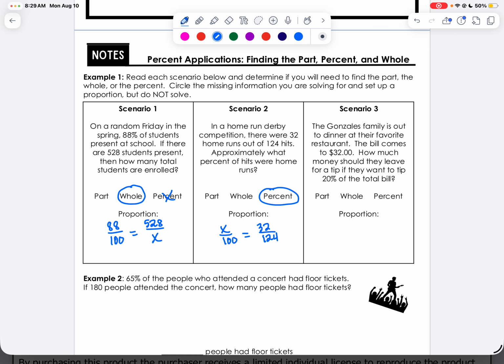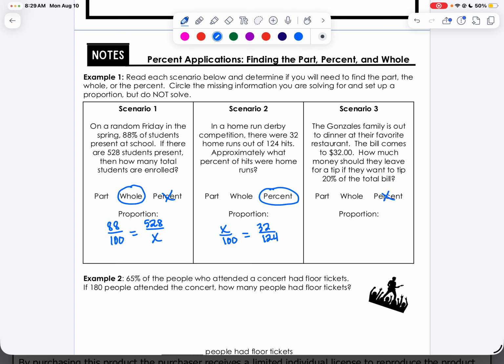All right, scenario 3. The Gonzalez family is out to dinner at their favorite restaurant. The bill comes to $32. How much money should they leave for a tip if they want to tip 20% of the total bill? Now, in this problem, they gave us the percent, so we're not looking for the percent.